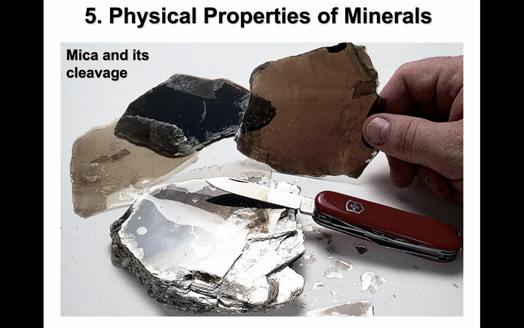Here, for example, we have a Swiss Army knife, which you should have as a geologist. Then we have mica and its cleavage. Here you can see the white mica in front, where the Swiss Army knife is lying, and in the back the biotite.